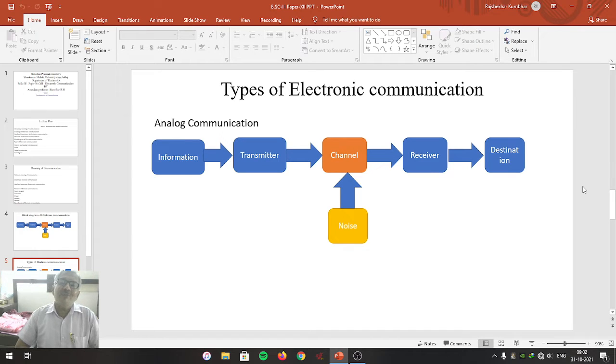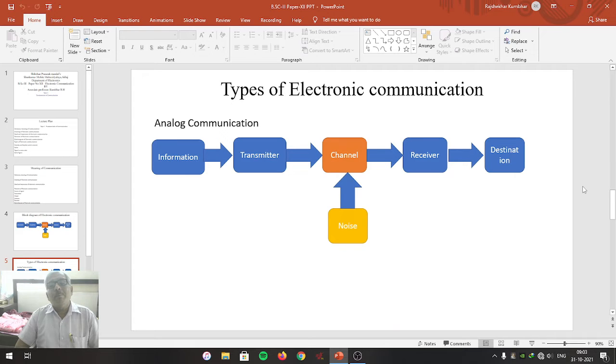So as far as types of electronic communication is being considered, basically there are two types of electronic communication. One is analog communication and the second one is digital communication. We are going to discuss both types of communication one after the other.